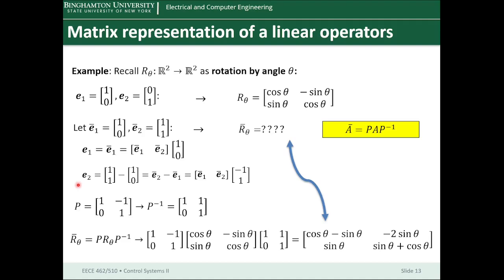They look different, but they are similar matrices because they represent the same linear operator in two different bases. And if you agree with me, R bar theta actually looks a little more complicated than R theta. This shows an important point. By choosing a suitable basis, we can sometimes get a much simpler and nicer matrix representation of a linear operator.